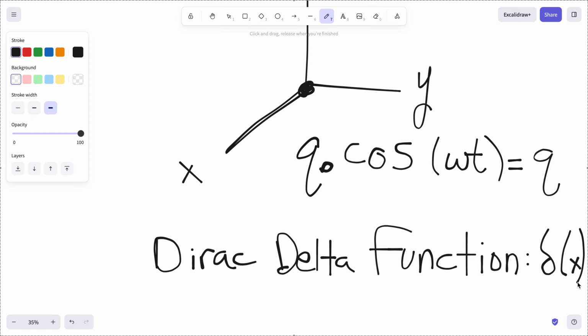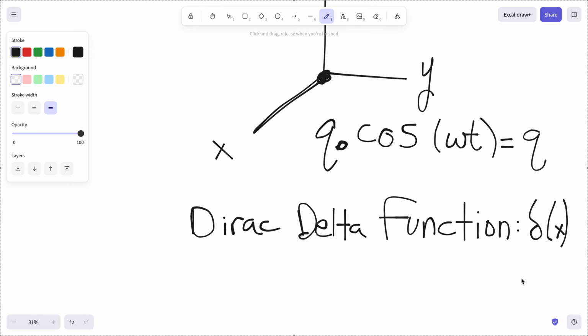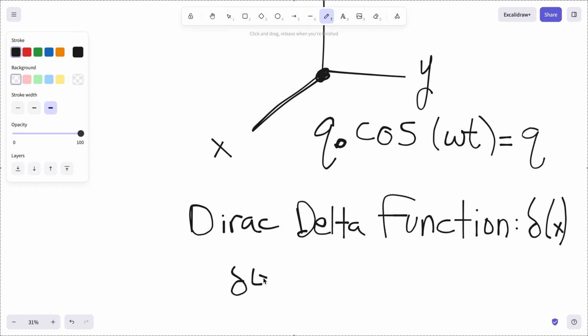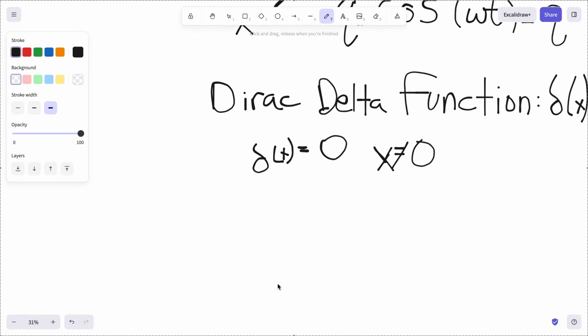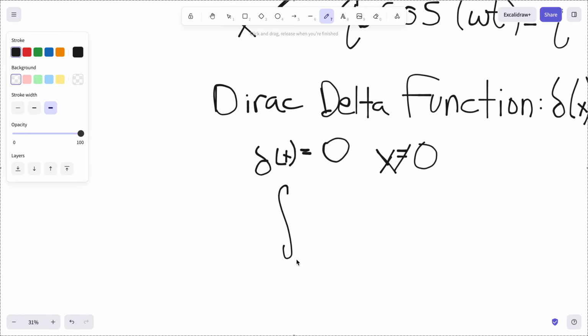You can think of the Dirac delta function as delta x equals 0 where x does not equal 0, and the integral from minus infinity to infinity of the Dirac delta function with respect to x is 1.